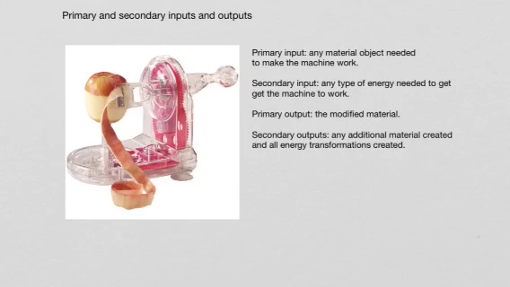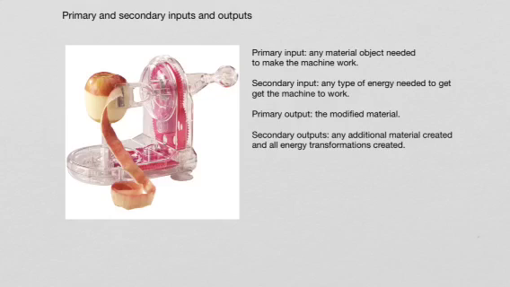Now, we know that when we use this apple peeler, we can see in the image that not only is the primary output a material one, the peeled apple, but a peel is also produced. So when we look at secondary outputs, a secondary output will also include any additional material created. In this case, the primary output is the peeled apple.